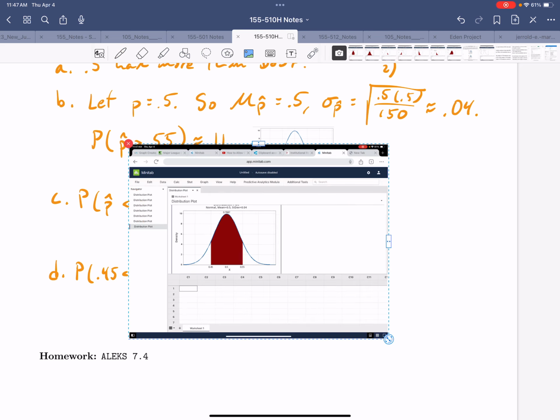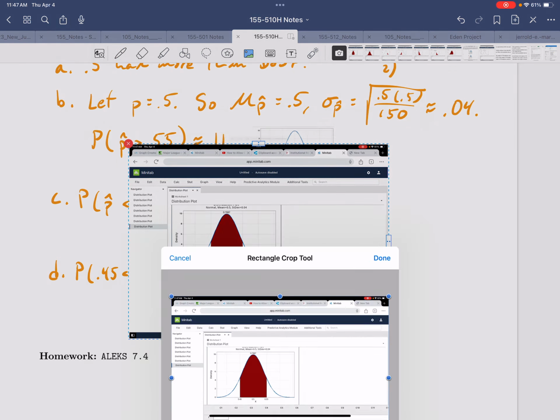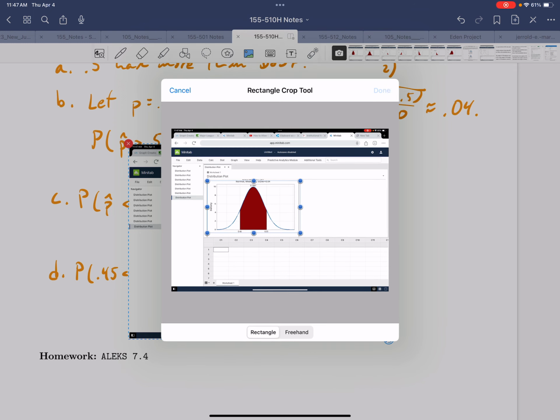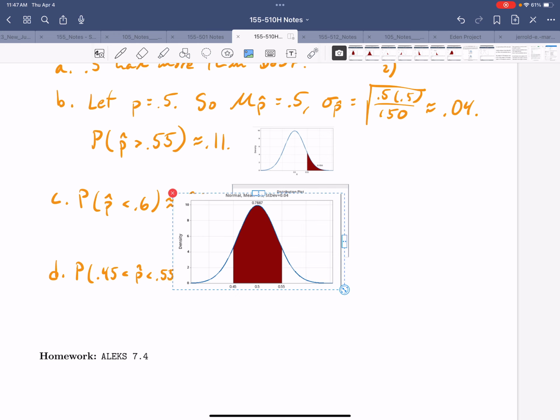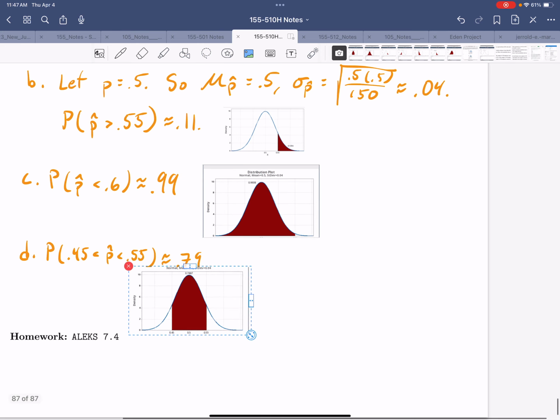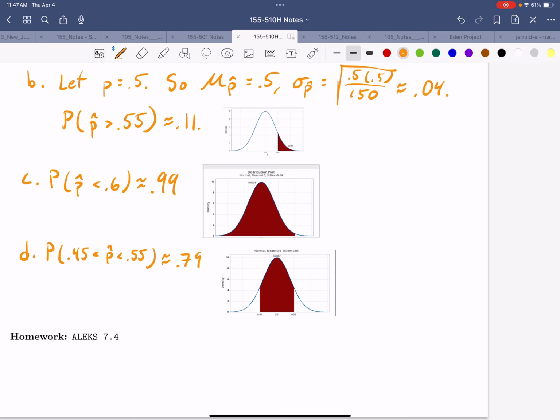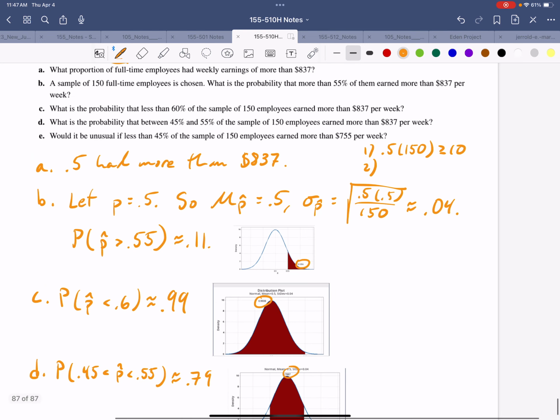So again, we crop this, and this, and we get that. Okay. And to be clear, I'm always using these probabilities.